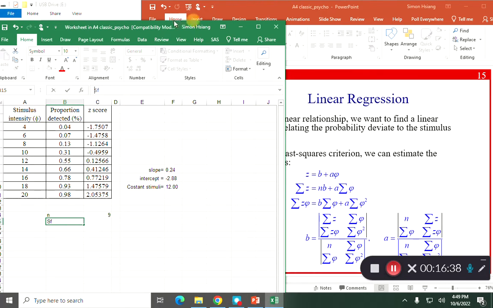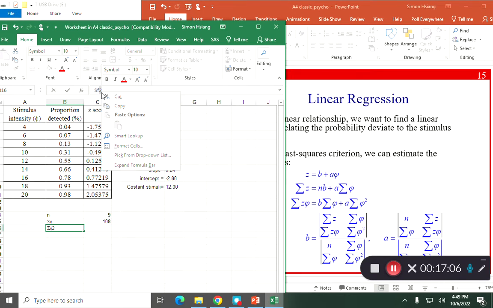I don't know why this is locked. Okay, here we go. So summation phi equals the sum of my stimulus. Okay? And then I need to have summation phi square. So I need to have this guy squared for my cell.